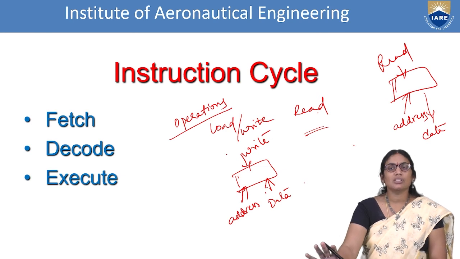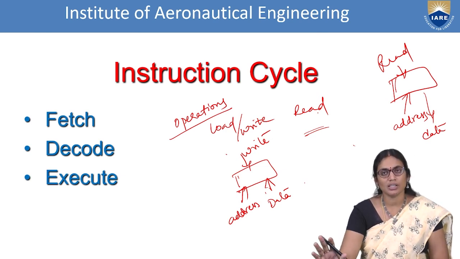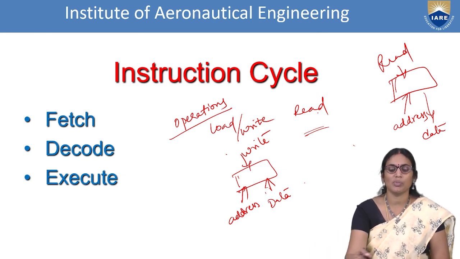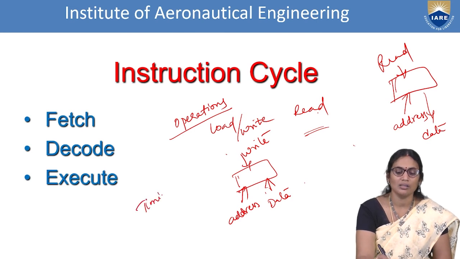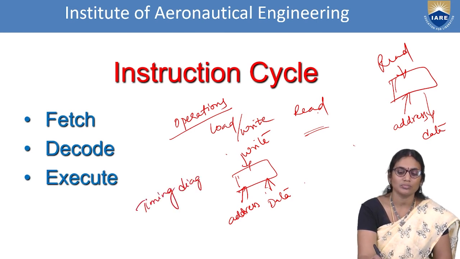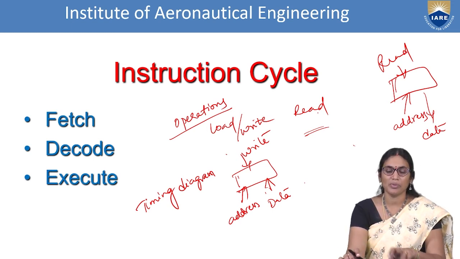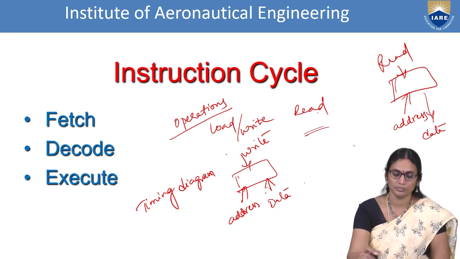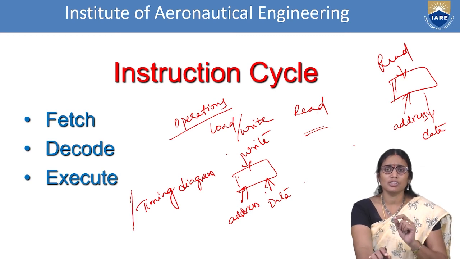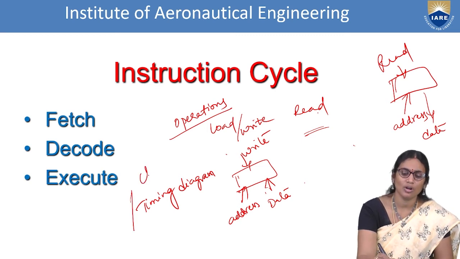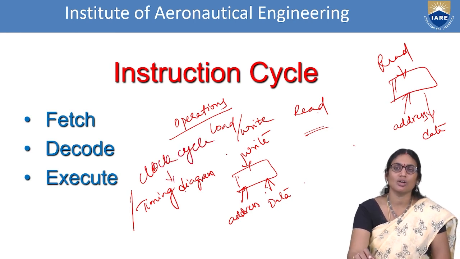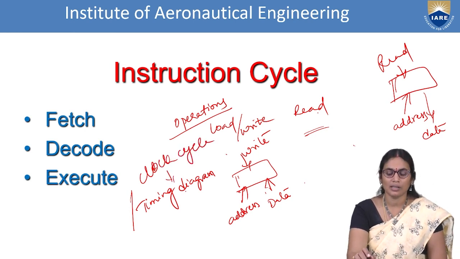Now, the instructions in a computer are generally executed by means of a timing diagram. I mean, the execution is presented by means of a timing diagram. The execution is taken care of by means of a clock cycle, and the representation of this clock cycle is called a timing diagram.